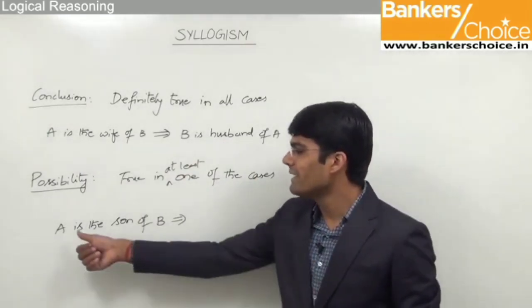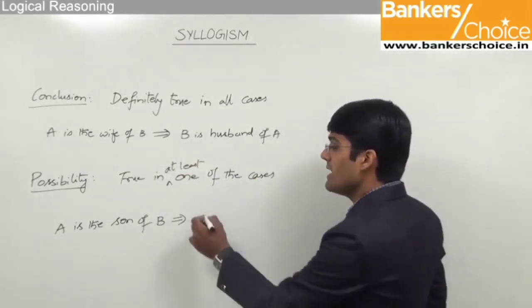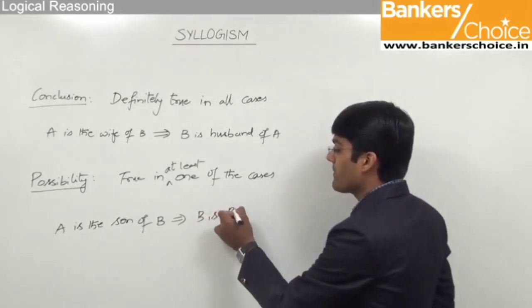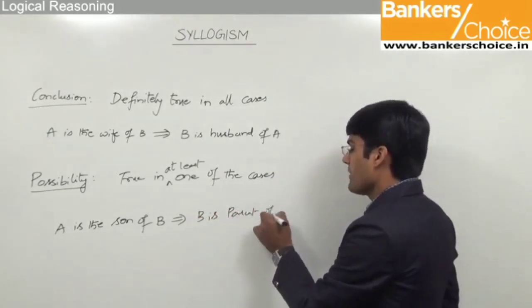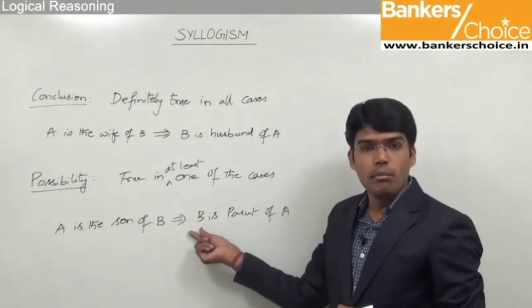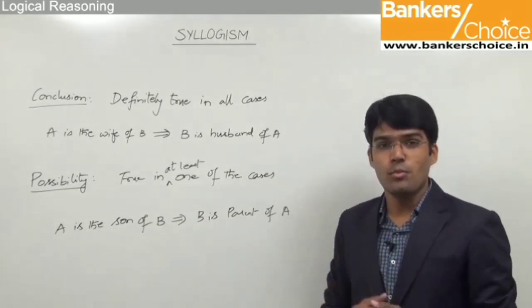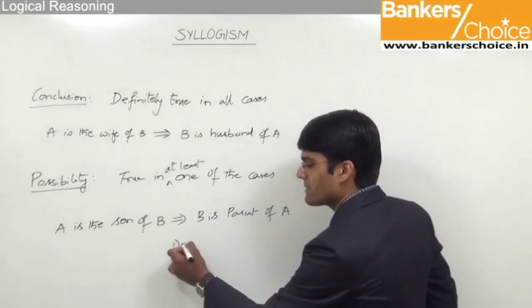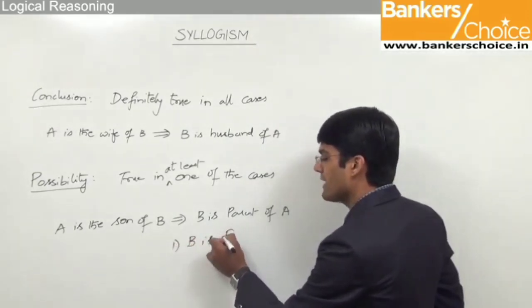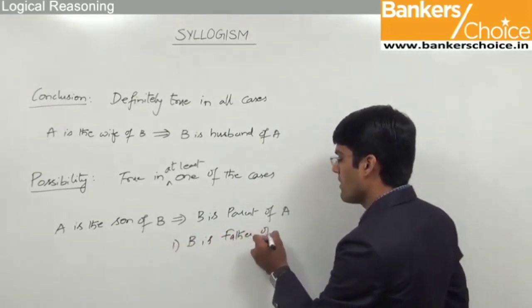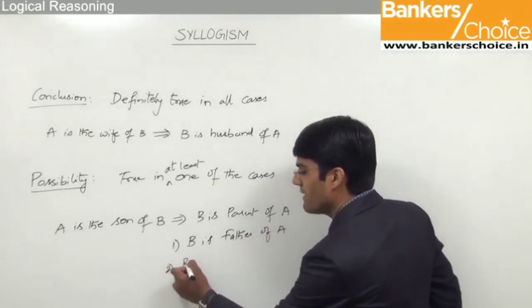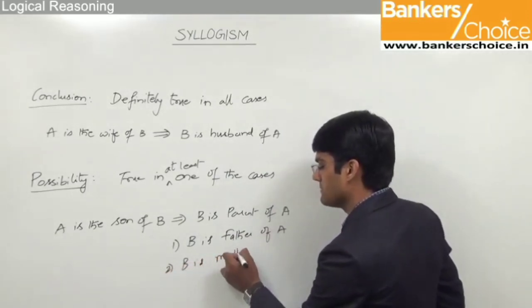What we can only say here is, when A is the son of B, B is the parent of A. But whether B is the male parent or the female parent cannot be decided here. That means there are two possibilities. The first possibility is B is father of A, and the second possibility is B is mother of A.